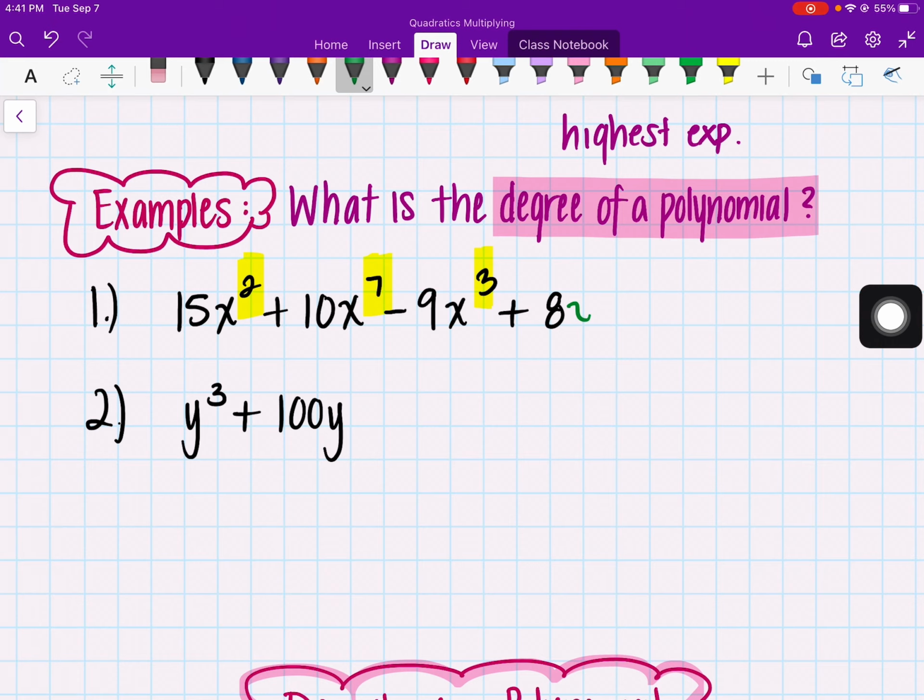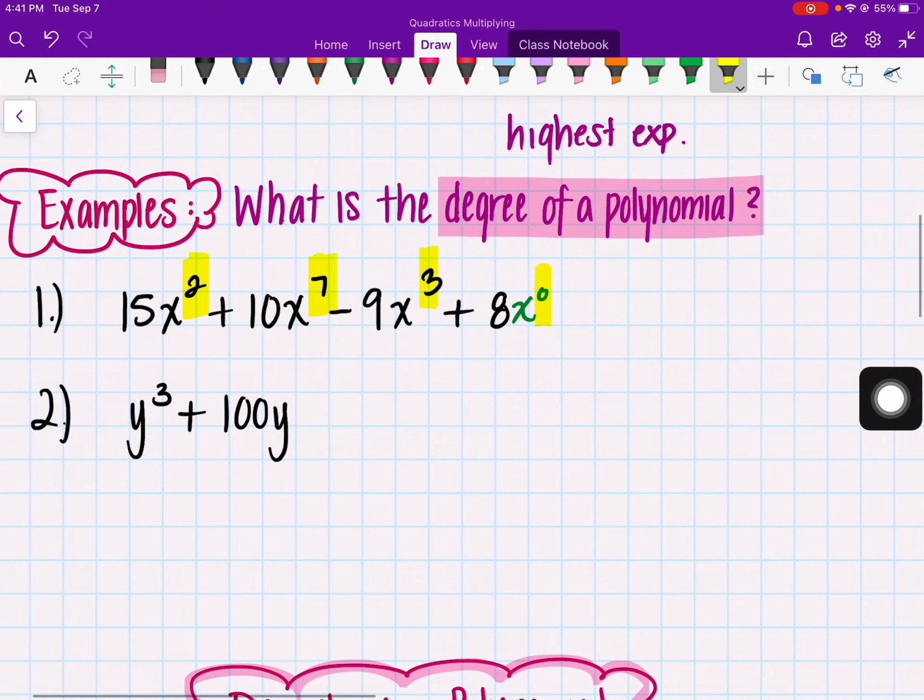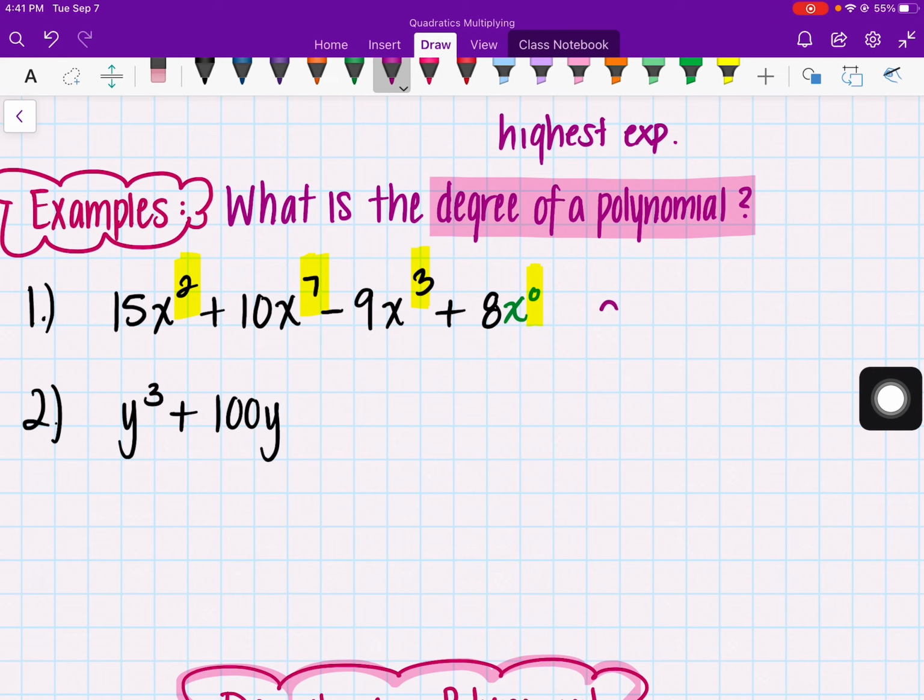It's actually x to the 0 power. Once again, if we do anything to the 0 power, that's going to give us a 1. So if we take a look at our exponents here, we're looking for the highest one. In this case, the 7 is the highest one. So the degree here of the polynomial is going to have a value of 7.